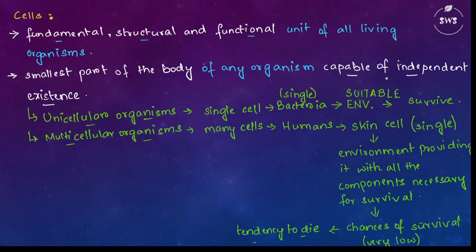I have explained the concept why. In one way, we can say that this statement is true for both unicellular as well as multicellular organisms, because it is the cell which is the smallest living unit of any living organism.